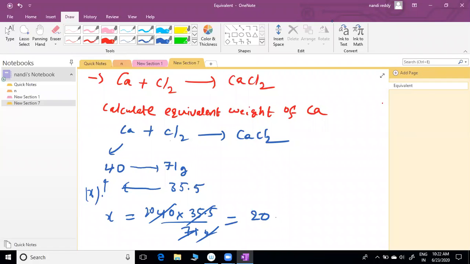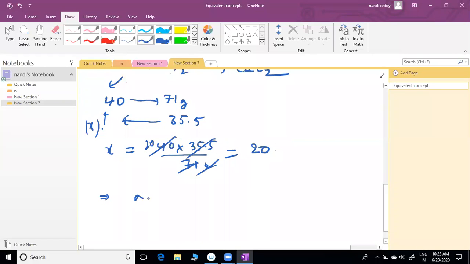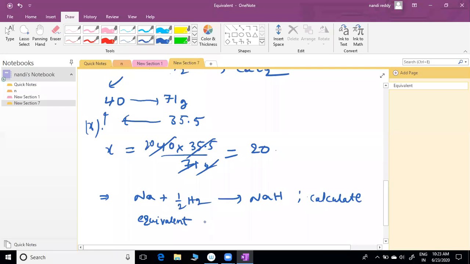You can try one more question. I am applying all the things. Na plus half H2 will give NaH. What is the equivalent weight of sodium?